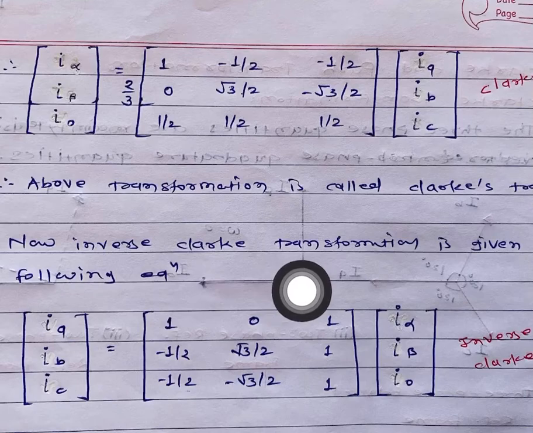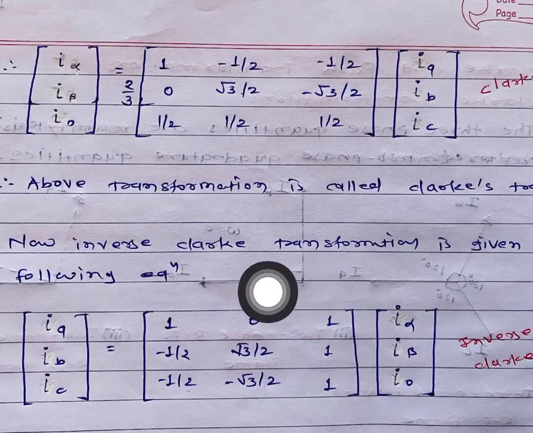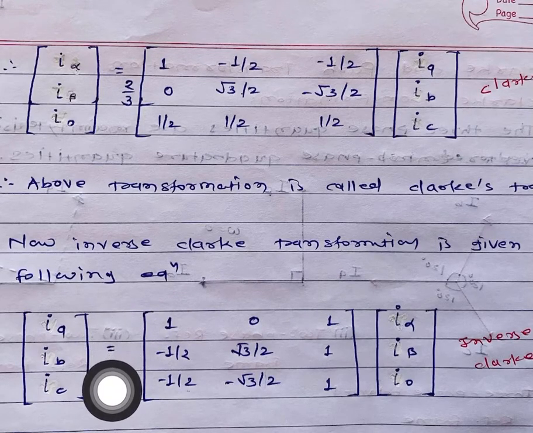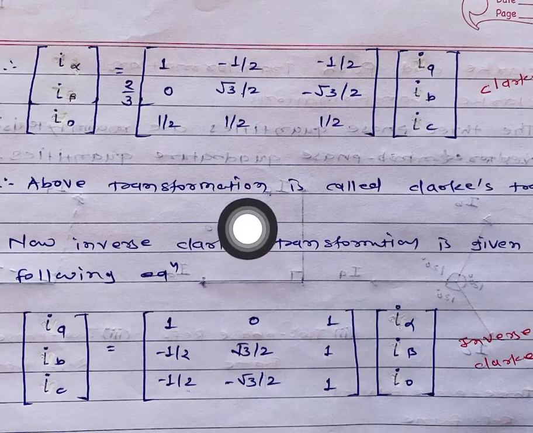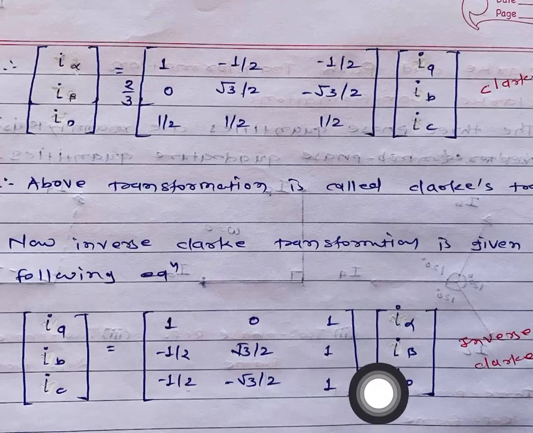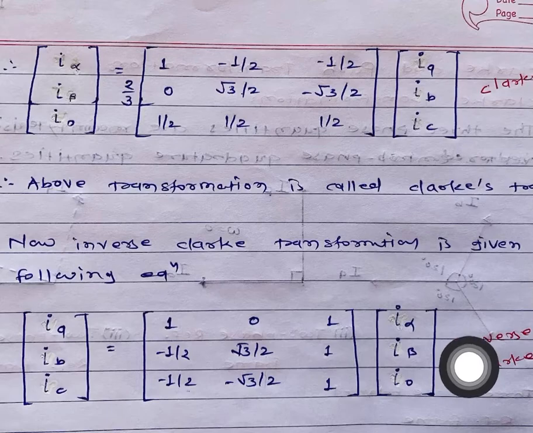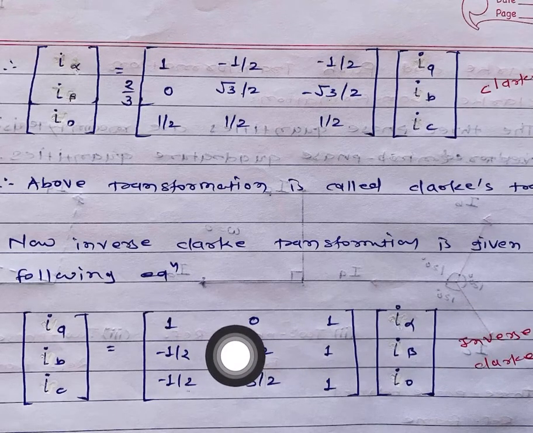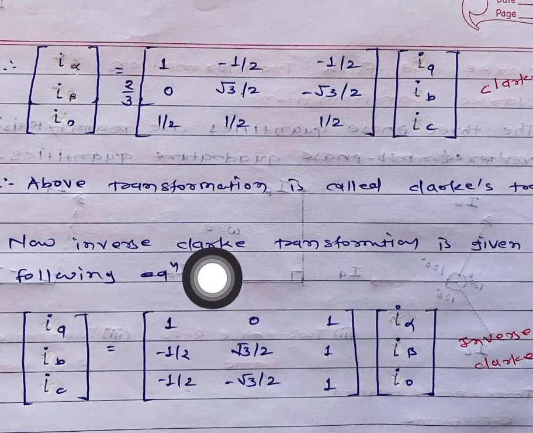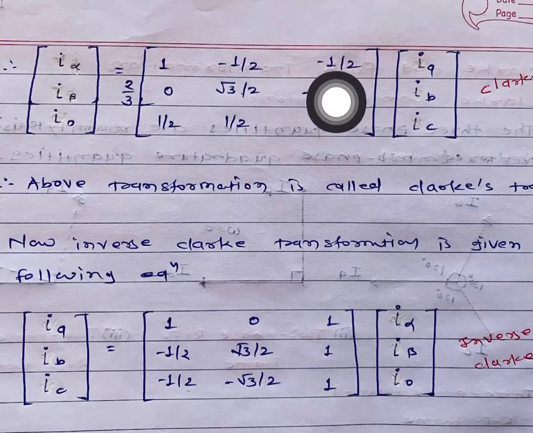Now the inverse Clark transformation. In the inverse Clark transformation we get the values of IA, IB, IC again. It is given by the matrix 1 0 1; minus 1 half, root 3 by 2, 1; minus 1 half, minus root 3 by 2, 1, multiplied by I alpha, I beta, I0. One trick to remember it: we know the matrix for the Clark transformation, which is 1, minus 1 half, minus 1 half.